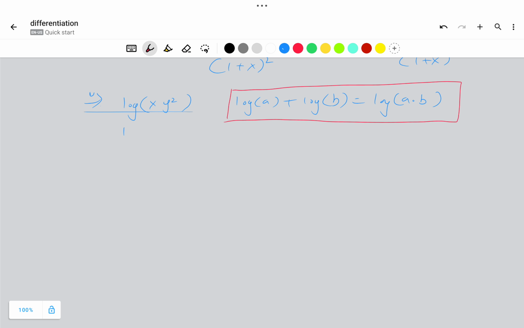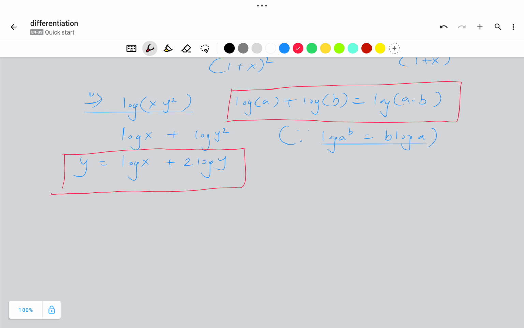So here we will be applying the property of the logarithm, so our log x plus log y square, and since log of a to the power b equals b log a, this is the property of log. So log x plus 2 log y, and this is our y function as in the question. Now we have got the y function.